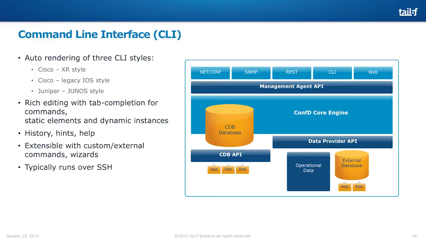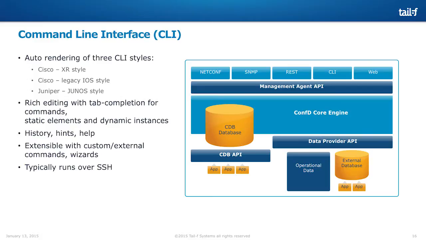It's an extremely powerful CLI agent in ConfD that provides rich support for tab completion, history, editing old commands, very easy to extend and add new commands. If you want to add custom commands into the CLI, you can easily drop in via the plug-and-play scripting support or via custom command handlers.